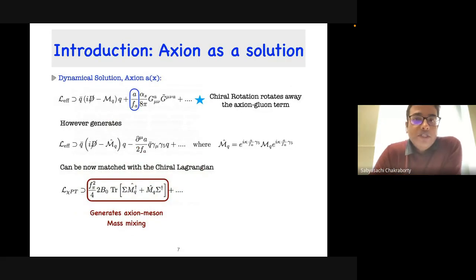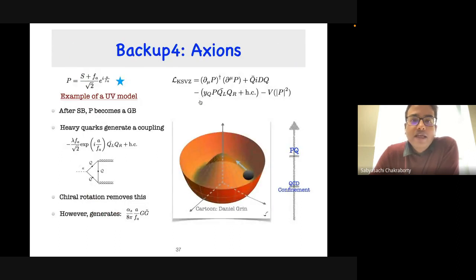This problem was famously solved using axions, where again, it used to be theta bar, but theta bar is now promoted to a dynamical field, the axion, and Fa is the decay constant. Now, if one is interested in how this term comes out, as was asked in the beginning, one can consider a model like KSVZ, where this Lagrangian has a U(1) symmetry, the Peccei-Quinn symmetry, and P is a complex scalar field.